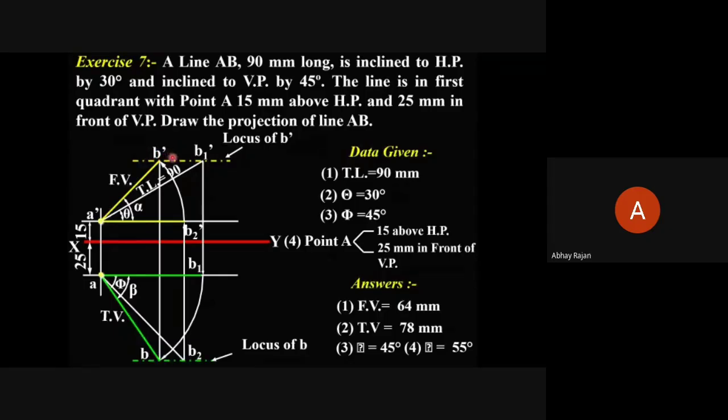It is not a projection or projector, so that's why we draw it as chained lines. See here also, the locus line is a chained line. Clear? Yes sir. Okay, since it is clear, we will see some problems.